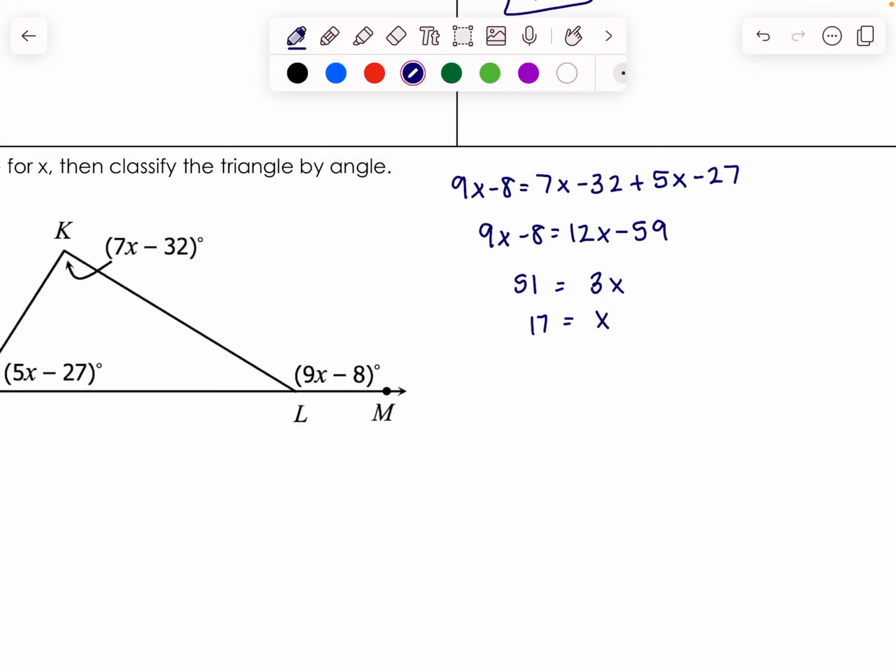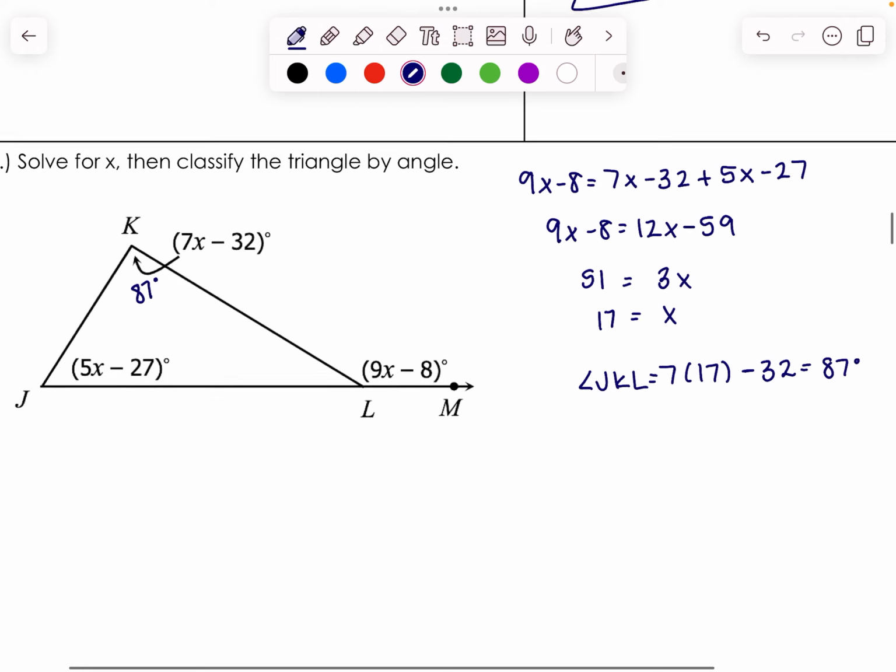Okay, so if I want to classify it by angle, I need to start plugging those in. If I want angle K, I'm just going to call it JKL. That is 7 times 17 minus 32, and that's going to be 87 degrees. So this top angle is 87 degrees.